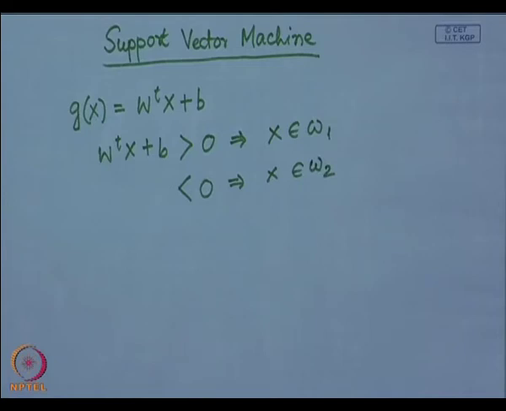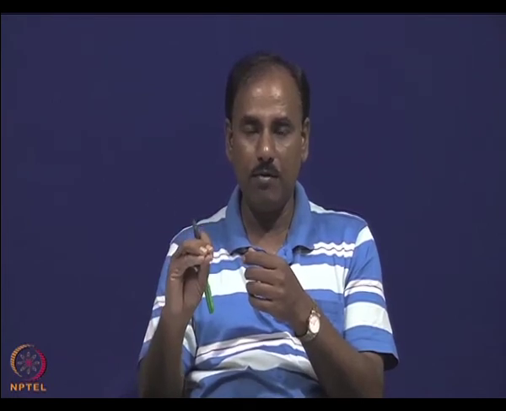So, here you find that for classification purposes, the actual value of g of x is not really very important, but what is important is the sign of g of x. If the sign is positive, I infer that x belongs to class omega 1. If the sign is negative, I infer that x belongs to class omega 2. Right.